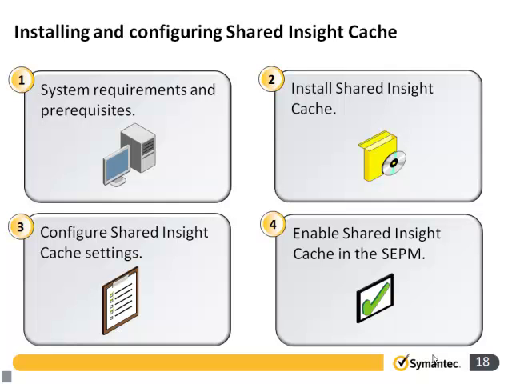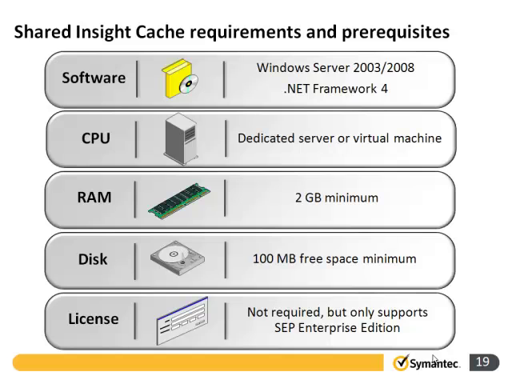So what do we need to do to install and configure the Shared Insight Cache? Well, we need to check to make sure we're covering the system requirements and prerequisites first of all. Then we install the Shared Insight Cache server on your specified system. Configure the settings on that Shared Insight Cache and enable it within the SEPM. Here are the requirements and prerequisites.